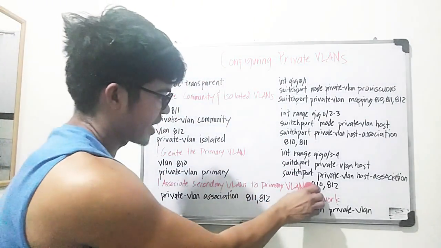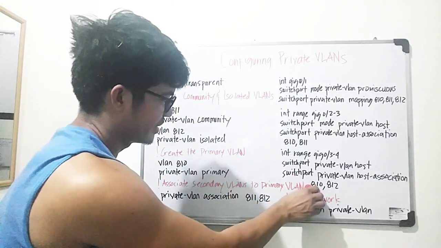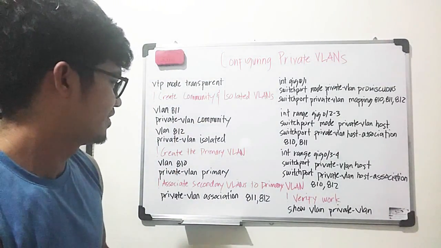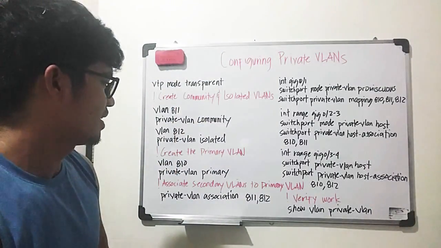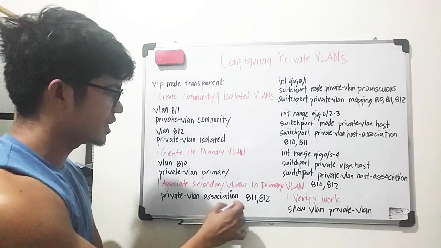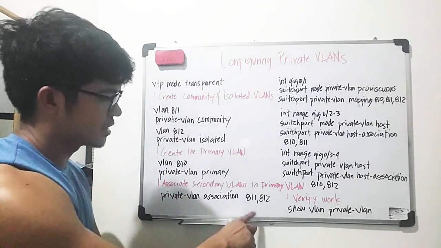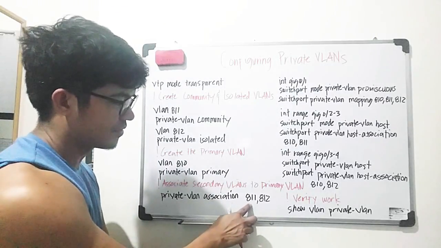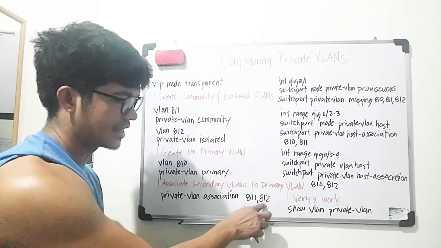In this case, you only have a single primary VLAN. So you need to say private-vlan association, and in this case, this is our community VLAN 811 and isolated VLAN 812.